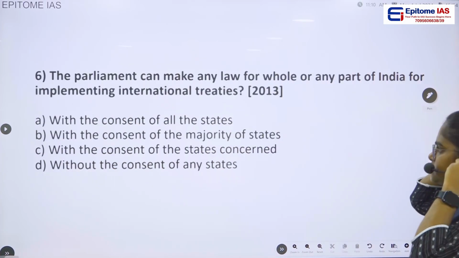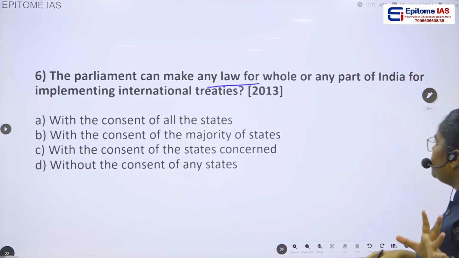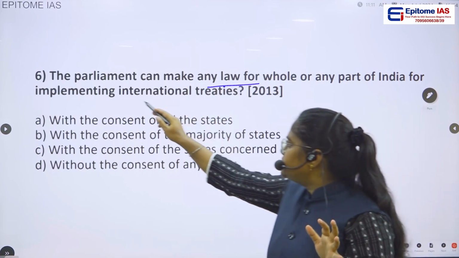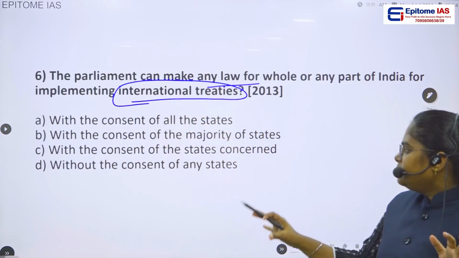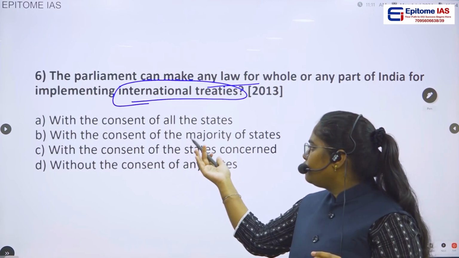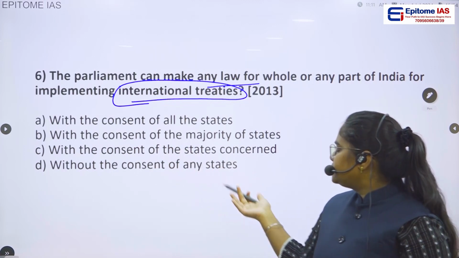Then next question: the parliament can make any law for the whole or any part of India for implementing international treaties. Option A, with the consent of all the states. Option B, with the consent of a majority of the states. Option C, with the consent of the states concerned.